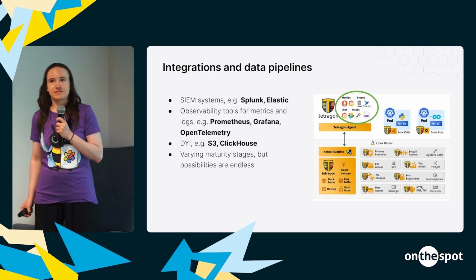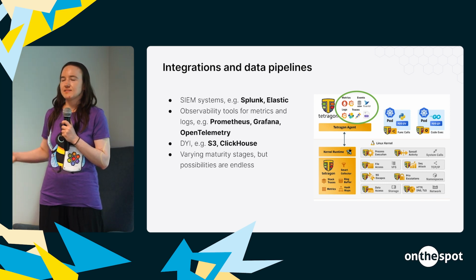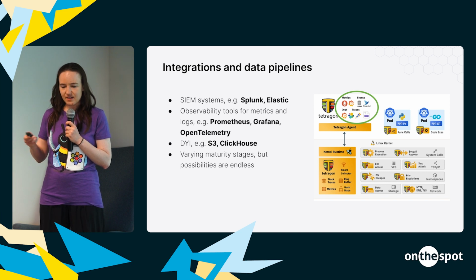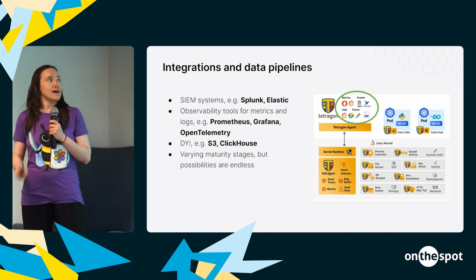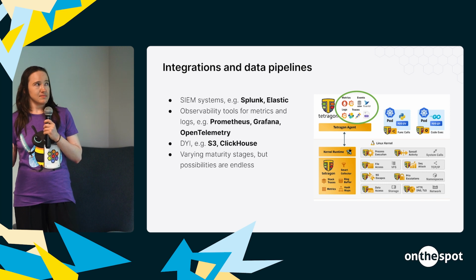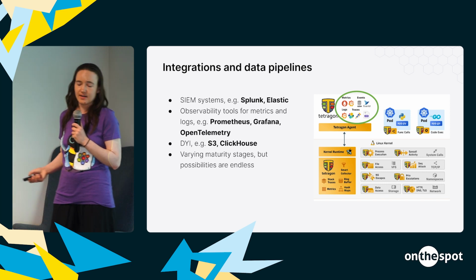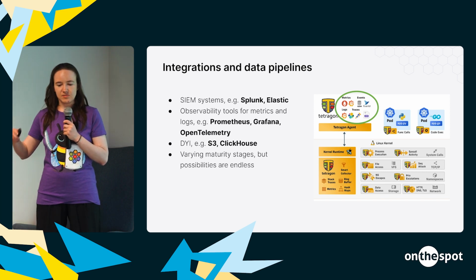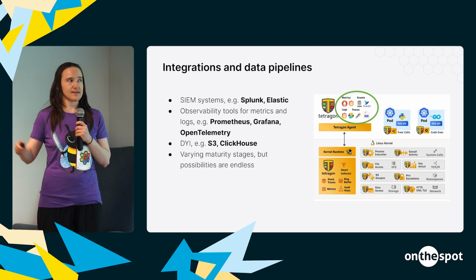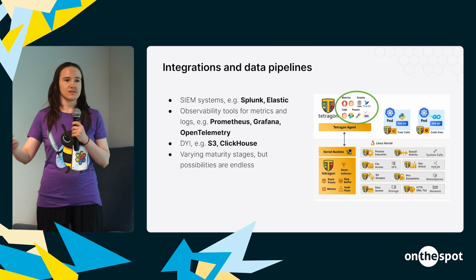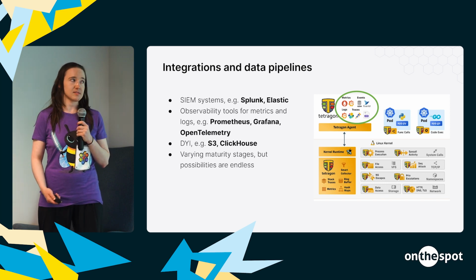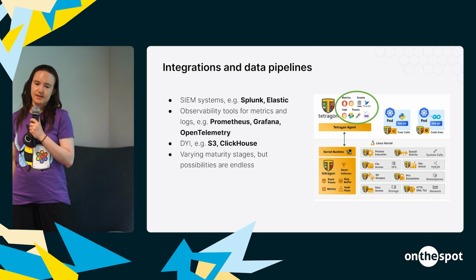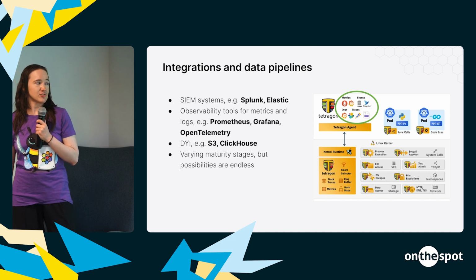So Tetragon events can be forwarded to any security, any SIEM system, like Splunk and Elastic are, I think, some of the most popular ones. Any observability tool that collects metrics or logs. In Kubernetes world, this is usually Prometheus, Grafana, and recently more and more OpenTelemetry.